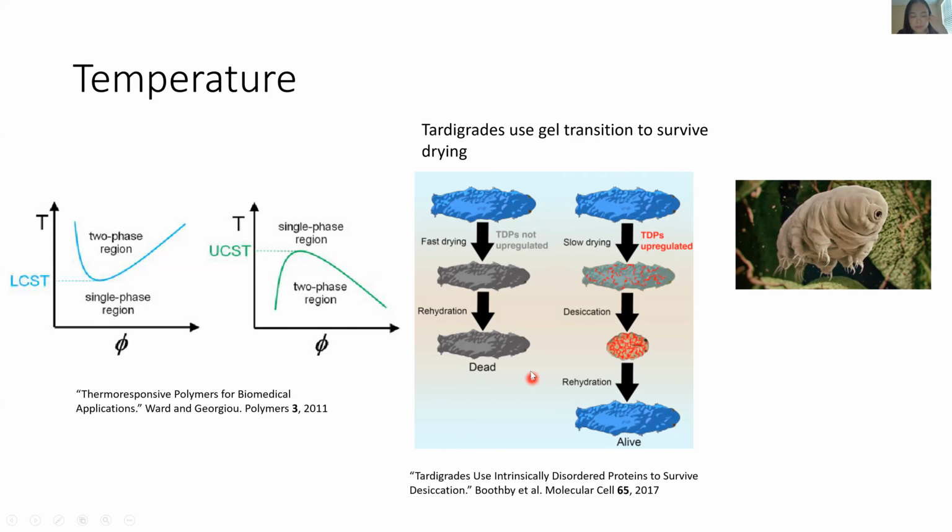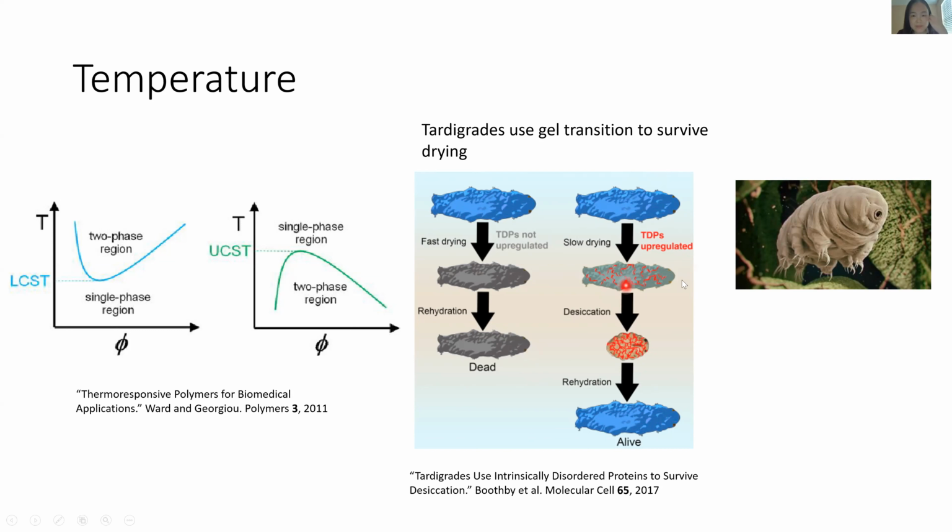And so what they found, in one of my favorite figures in a science paper, is that one of the ways these water bears survive drying out is that the IDPs inside of them undergo a transition to a gel, and this sort of prevents damage to a lot of the intracellular components, somewhat analogously to the stress granules, I think, that June described earlier. And this is actually a temperature dependent effect.